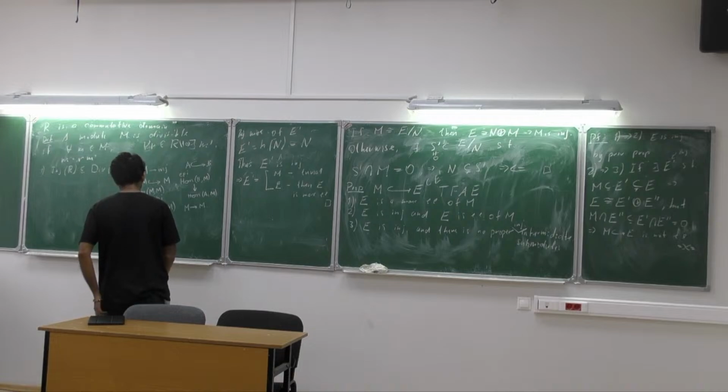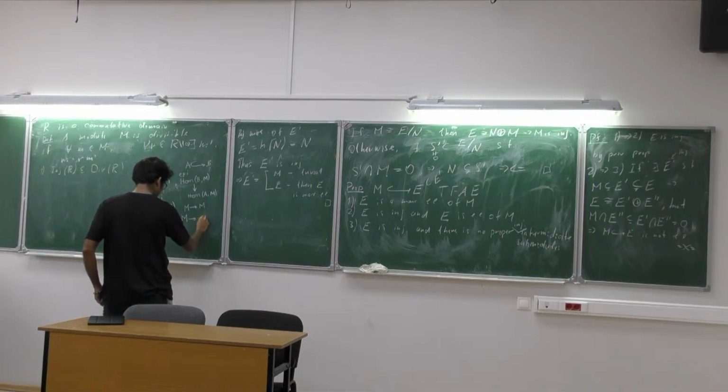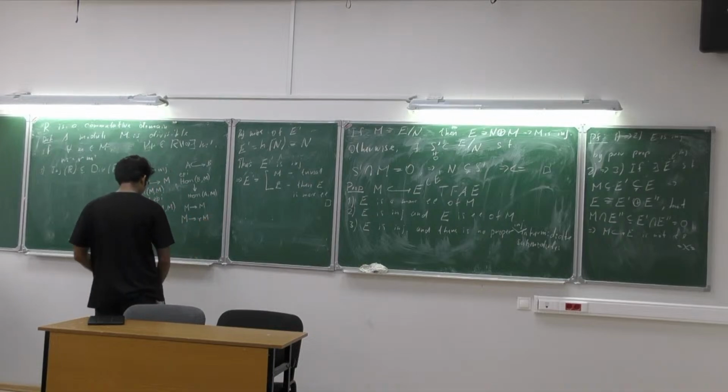Then it should be... So I need to show that the map M to RM is surjective.